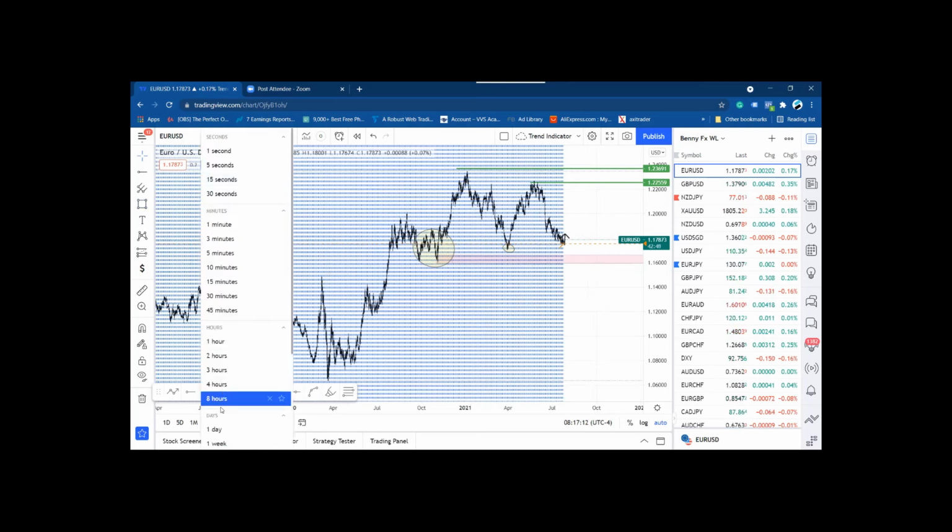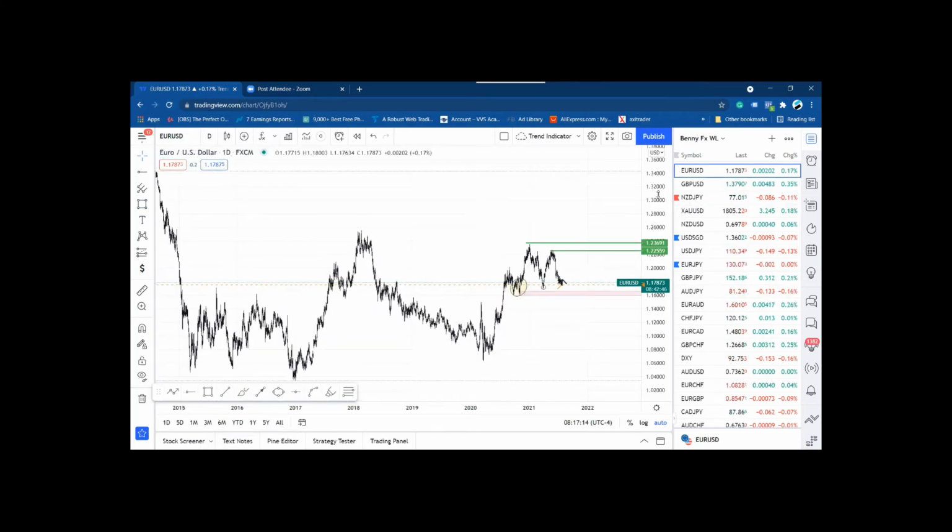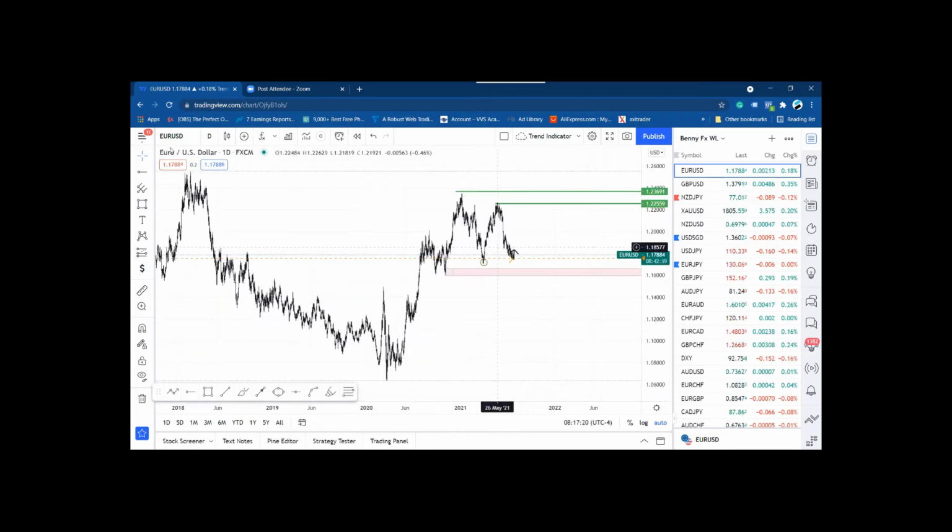So if we go to the daily time frame, we might see something like that. Lower, test, then go higher.